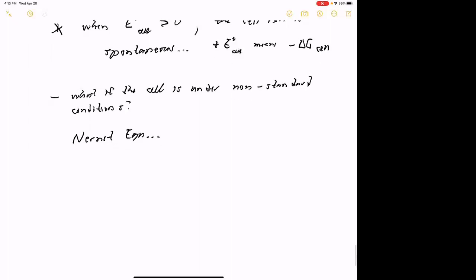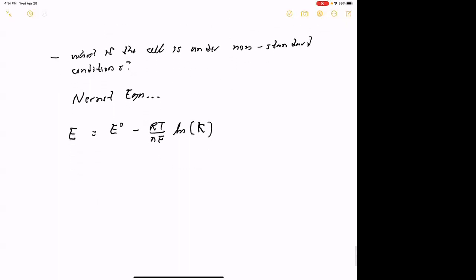Okay, but here's the Nernst equation. Here's what it says. It says that E, and this could be an E cell or an E half reaction, it doesn't matter which, I'm just going to call it an E, which is a potential, is equal to E0, and we've seen what E0 means, minus R times T divided by n times big F times the natural log of capital K. So what are all these things?